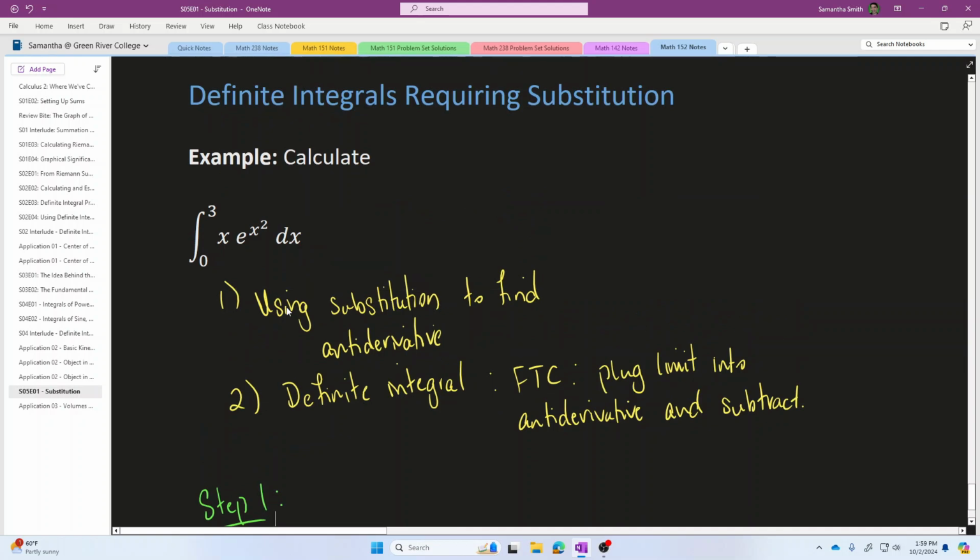So that product is my first sign that substitution may be a method I need to use here. The second sign is that I'm seeing an instance of a function, and in the product, the derivative of that function. So in this case, I have the function x squared, and in the product, I am seeing x, which is very, very close to the 2x, which is the derivative of this exponent here.